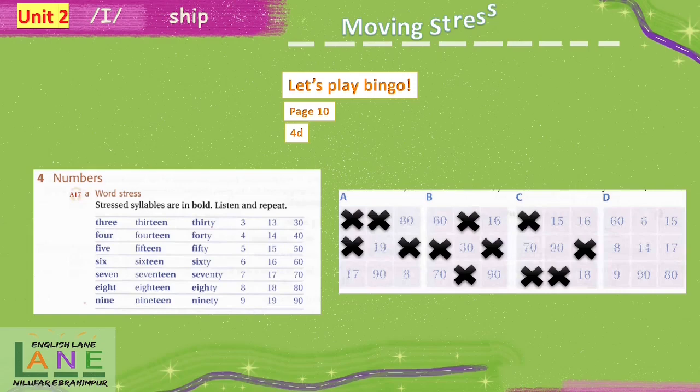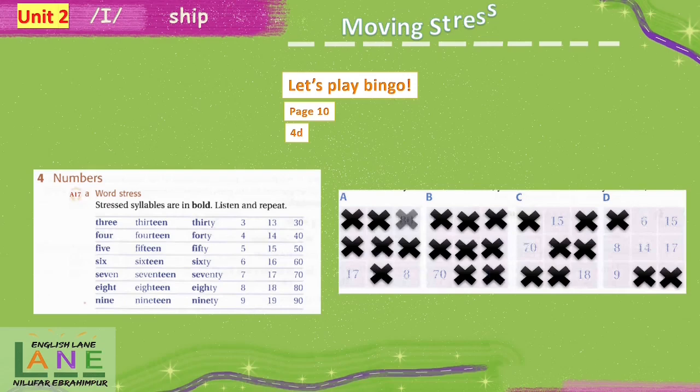Everyone keeps listening and crossing off the numbers until all the numbers on your paper are gone. And the first person who finishes the square with the numbers wins the game and others lose.